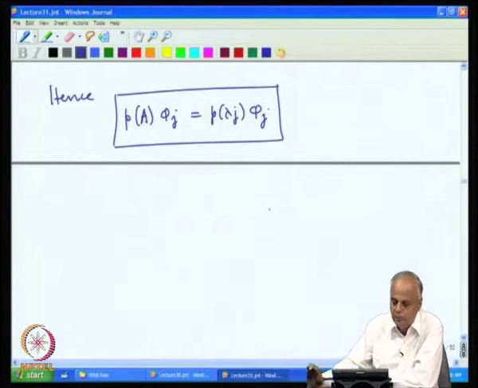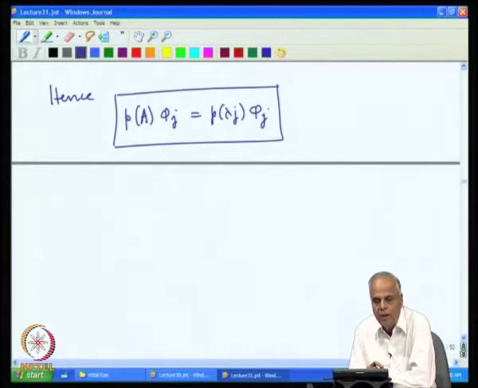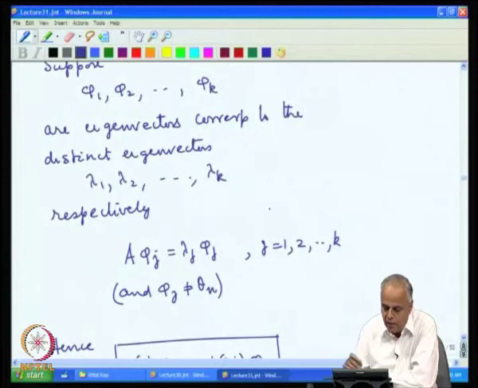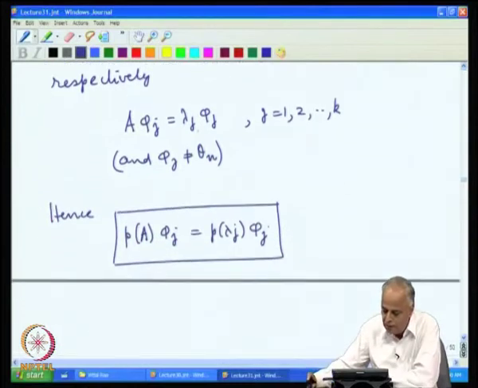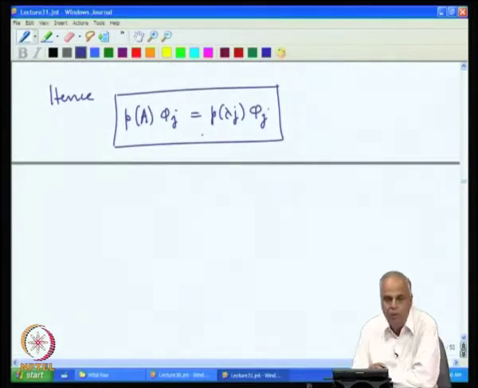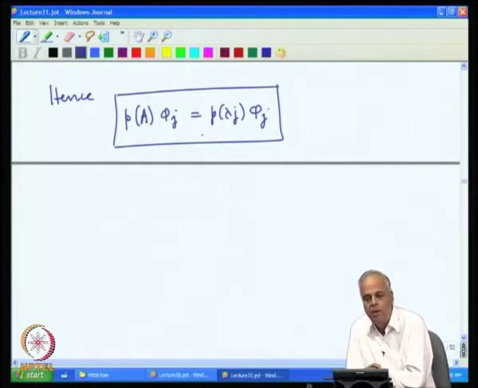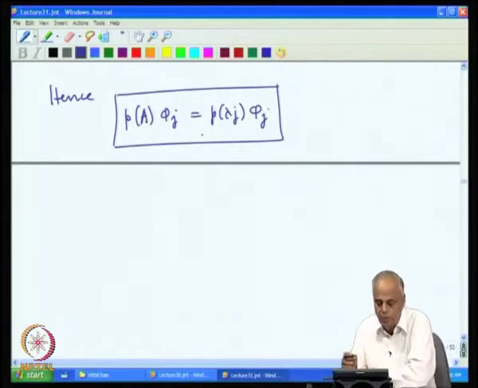Now, how are we going to use it? We were claiming that the eigenvectors corresponding to distinct eigenvalues are linearly independent. So, what we were claiming was that phi 1, phi 2, phi k must be linearly independent. So, let us see how we get it. How do we prove that phi 1, phi 2, phi k are linearly independent? We have to show that if any linear combination is 0, then the coefficients must be 0.